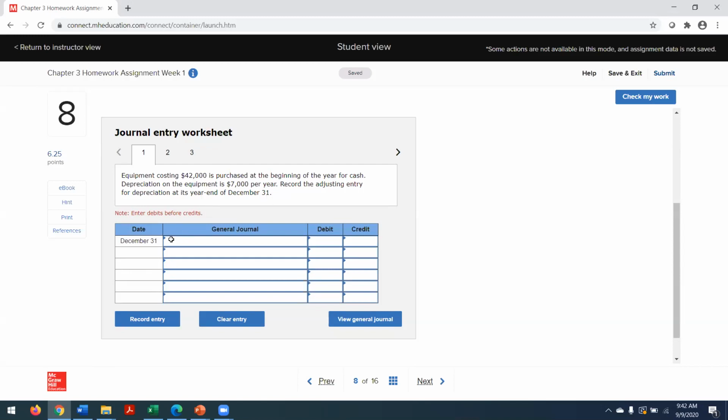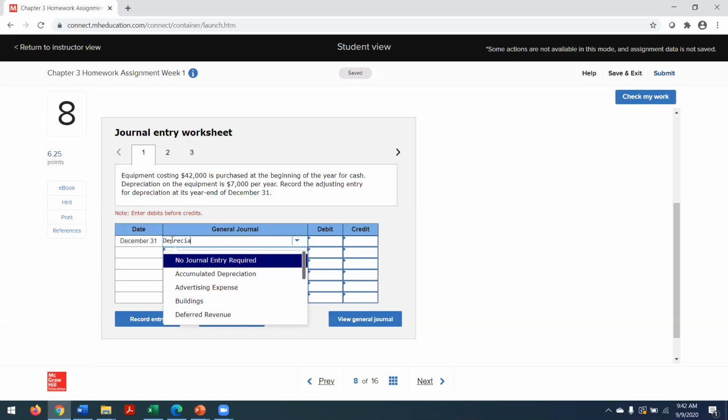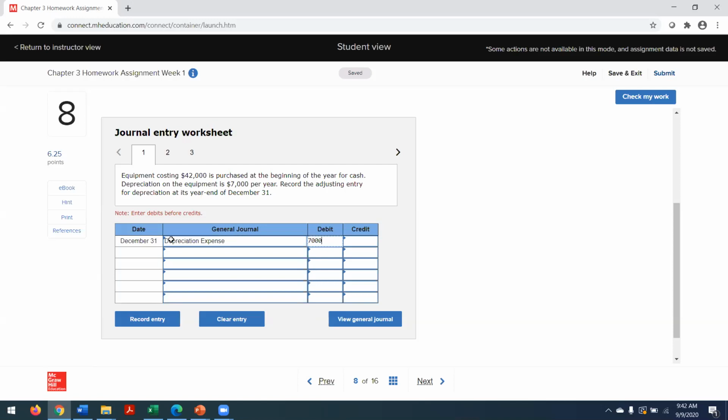In this case, our expense is called what, guys? Depreciation expense. Excellent. Of $7,000. And remember that crazy contra account called accumulated depreciation we use in this case for 7,000.